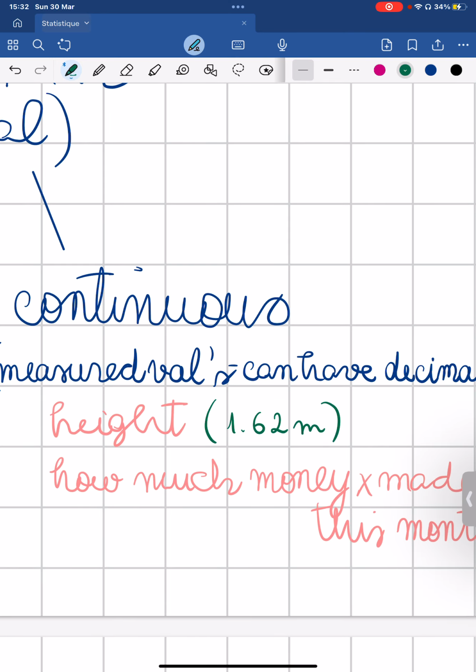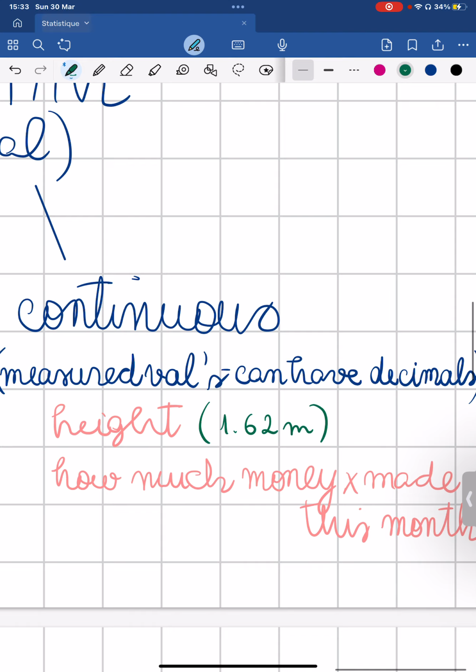There will always exist something in between. So we don't have a specifically set range of things like someone being 1 meter tall and someone being 2 meters tall. We have things in between. This is why we can have decimals here.